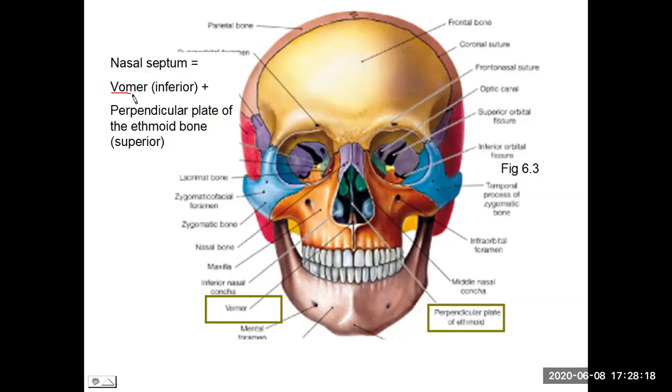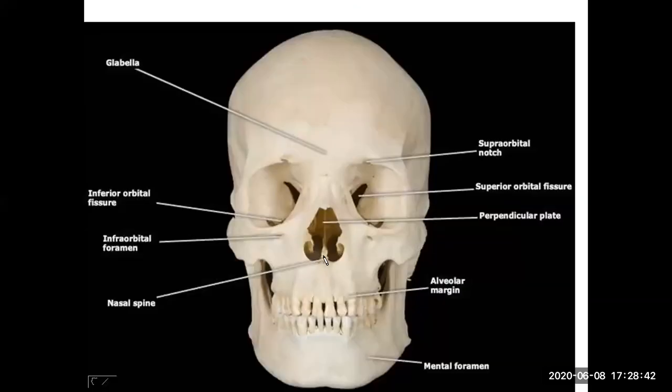The inferior portion of the septum is made from the bone known as the vomer. And the superior portion is the ethmoid bone, seen here in green. Specifically, it's the detail of the perpendicular plate that's hanging down. And together, that makes the medial nasal septum. And seeing it here on the skull, here's an area of that nasal septum.